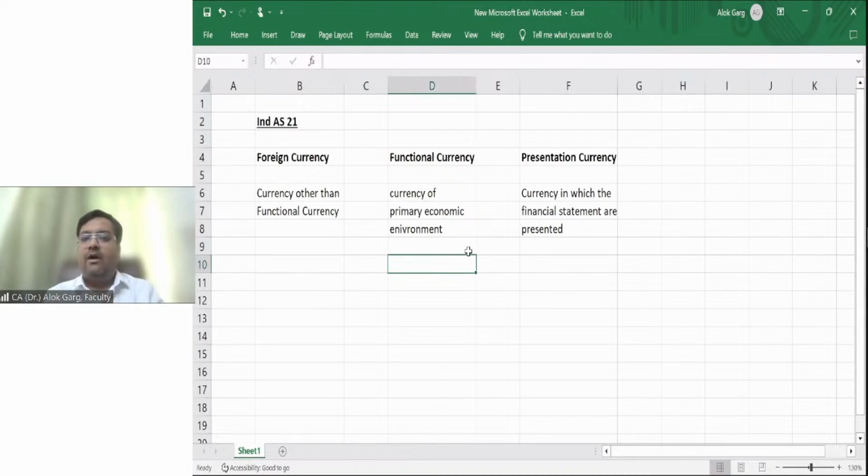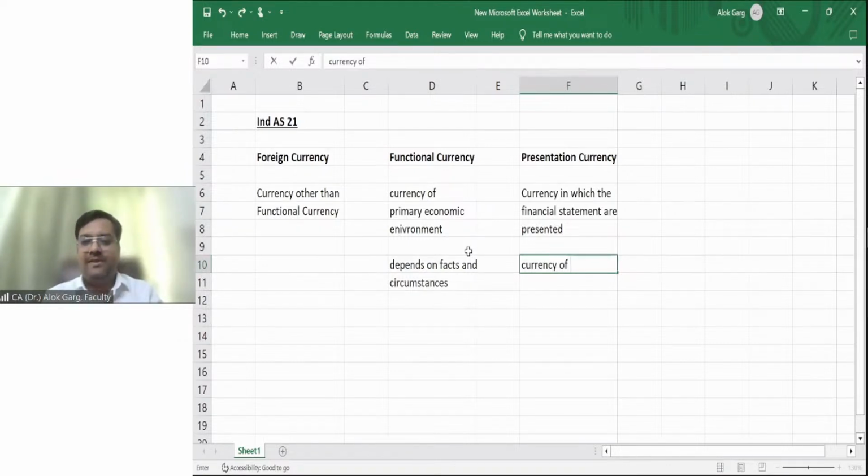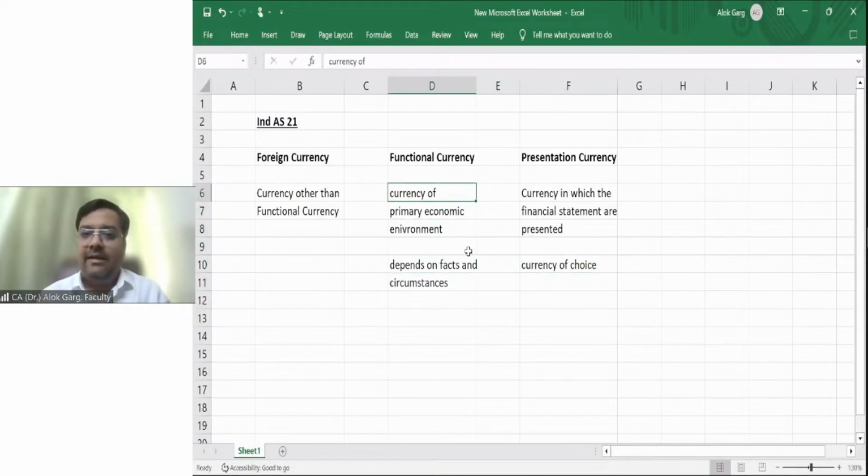Functional currency depends on facts and circumstances. Presentation currency is a currency of choice, which means you choose it to present, right? Is that clear?